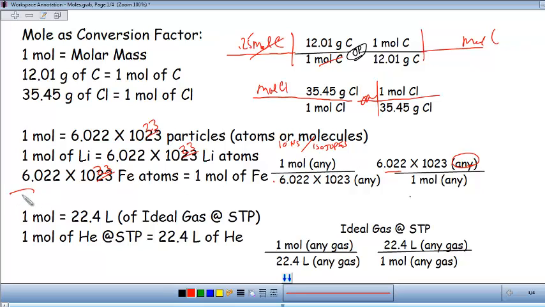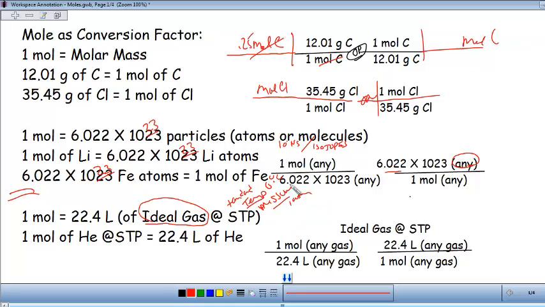Now, another conversion factor we use with moles, introduced in this section, is this idea of ideal gas at STP. Ideal gases are most gases that we relate to, and STP is standard temperature and pressure. It's very easy to use because standard temperature is 0 degrees Celsius, standard pressure is 1 atmosphere, and that's about what's going on in this room right now.